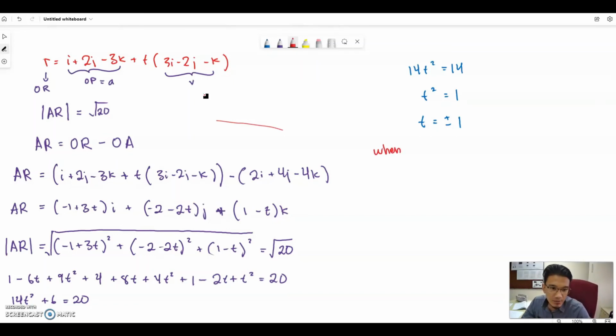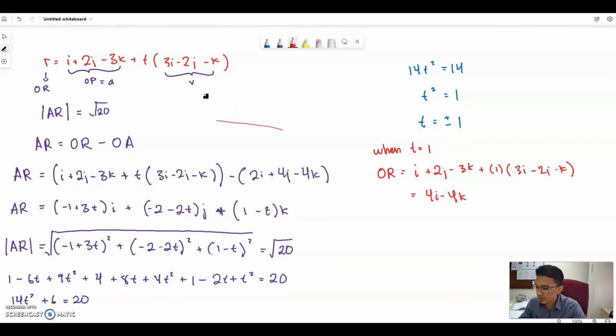So, when t is equal to positive 1, our OR is equal to I plus 2j minus 3k plus positive 1 times 3i minus 2j minus k. So you have OR is 4i minus 4k.